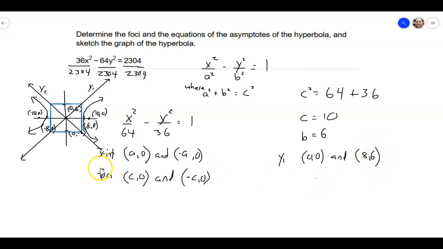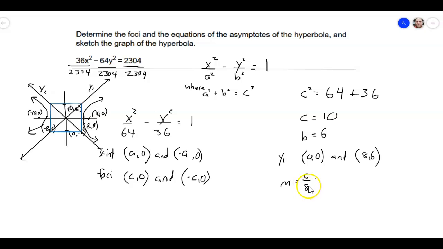Now, what is the slope? Well, I can use the slope formula if I wanted to. That's y2 minus y1 over x2 minus x1. But we can just see it. If we start at the origin here, it's rise over run. So we're going up 6, and we're going over 8. That's going to be 6 over 8.